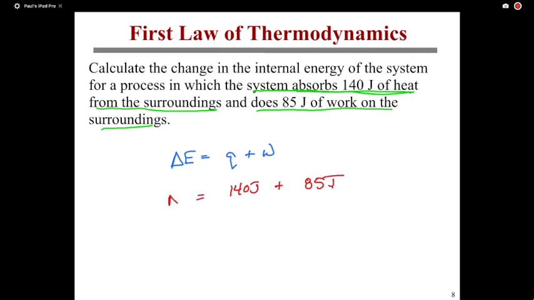This will equal delta E. That's good. But what do you put there, and what do you put there? A plus or a minus? A plus in front of 140 and a minus in front of 85. Get out your calculators. What will the answer be? 55.